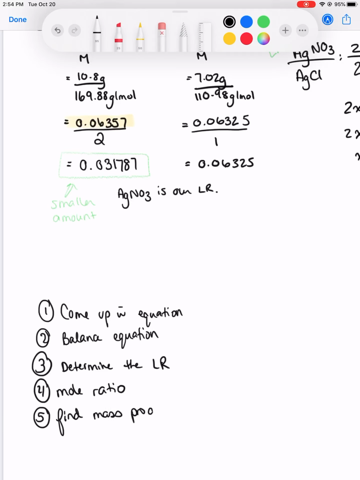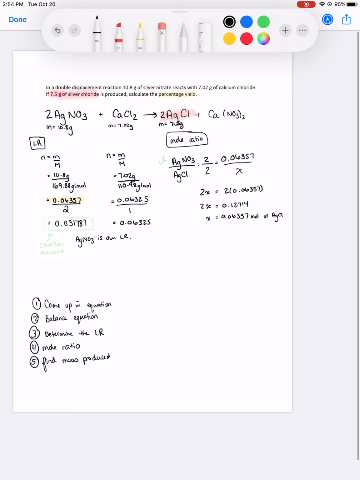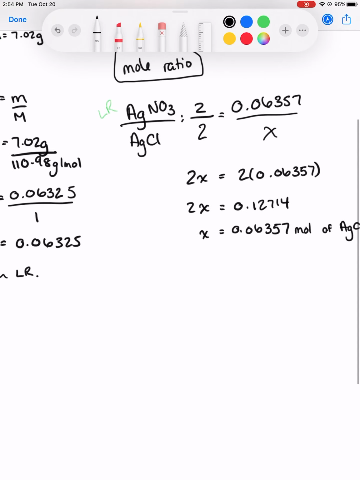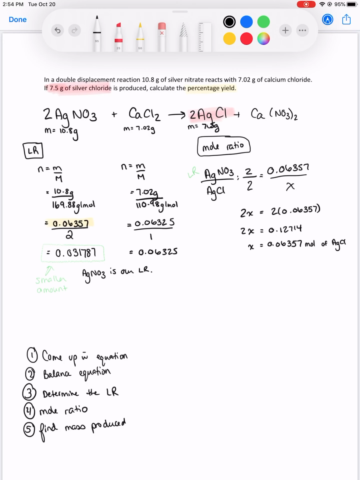Now again, these steps are going to look a little different per question. Sometimes we don't need to do every single one of these steps. I'm just laying it out to show you that it's all stuff that you guys have done before. We're just applying it all into one thing. So now that I have the moles of AgCl, I can figure out the amount that was actually formed from this reaction.